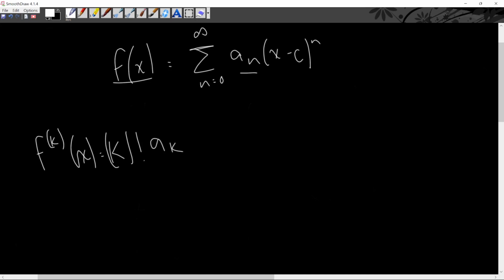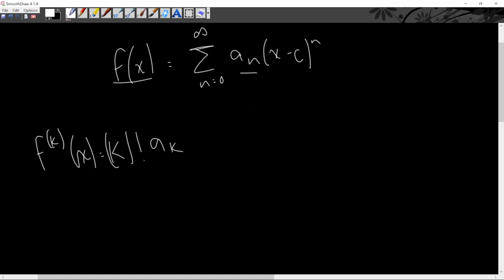Like we went from a0, which has 0 factorial in front of it, and then we had 1 factorial a1, then we had 2 factorial a2, so 2a2, and we had 3 factorial a3, so 6 a3, and it would continue going on in that pattern.